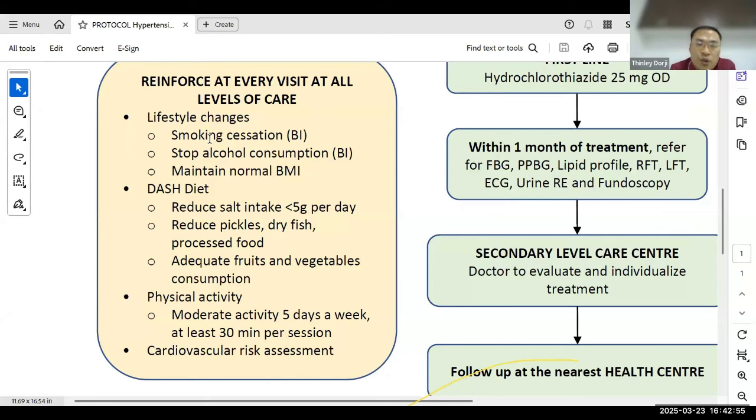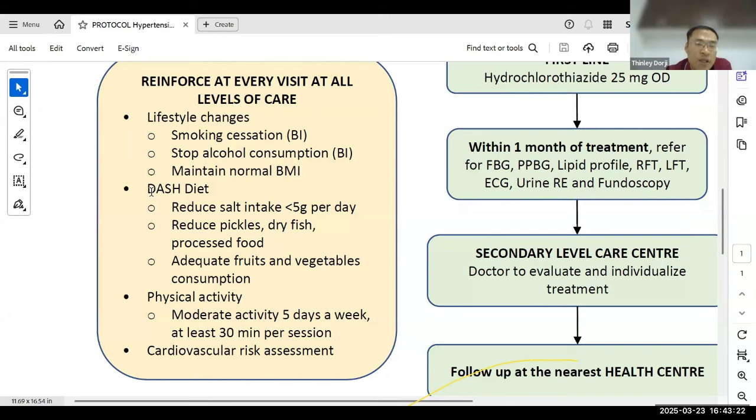For alcohol and tobacco, we always advocate for cessation, to stop alcohol and tobacco consumption. Then based on the BMI and your height, you can provide the permissible weight to be within the healthy limit, and then this is your target weight. So this is how you will provide your target for weight reduction.